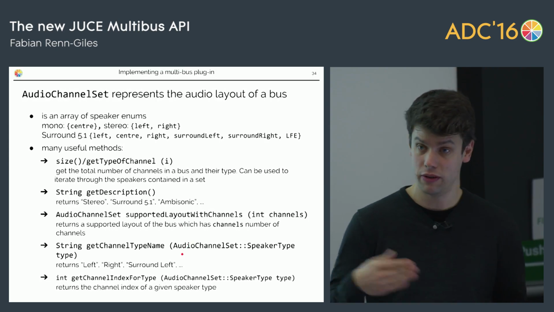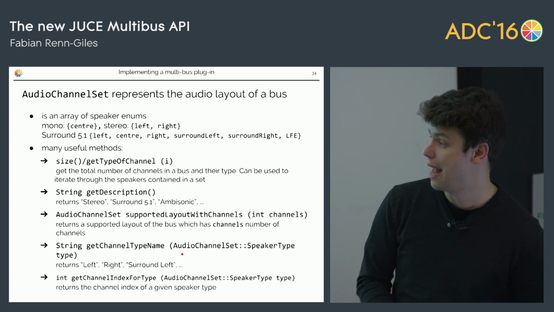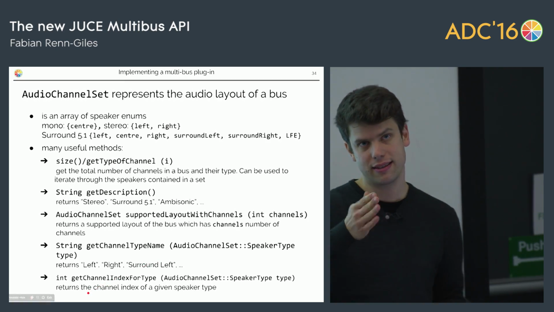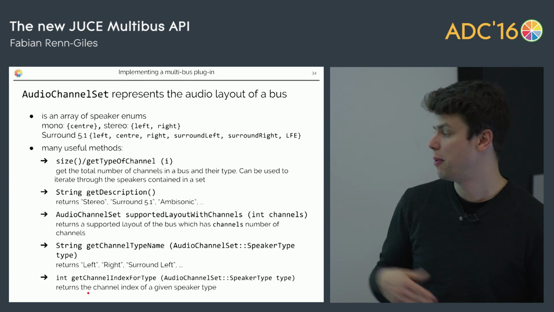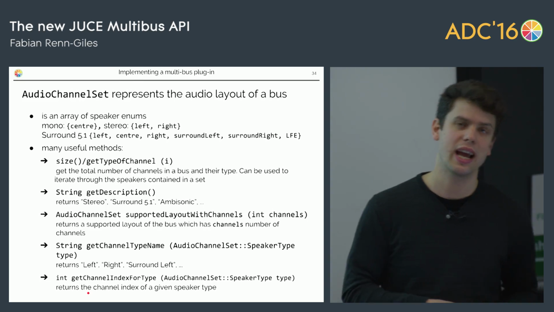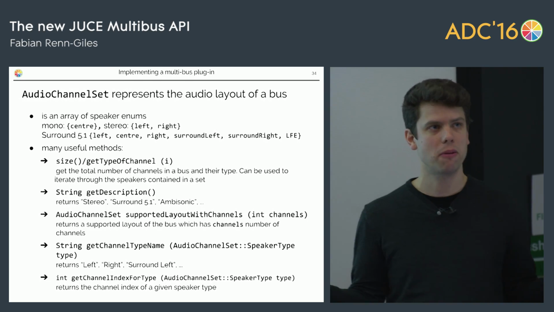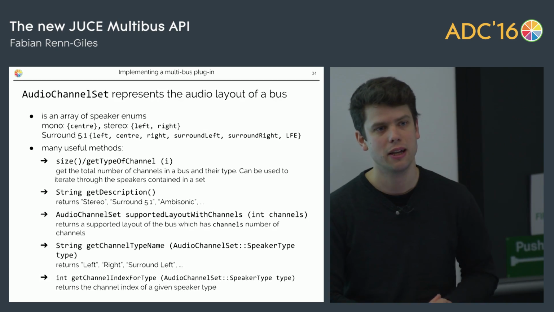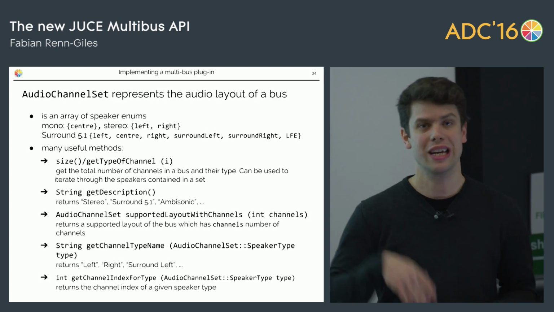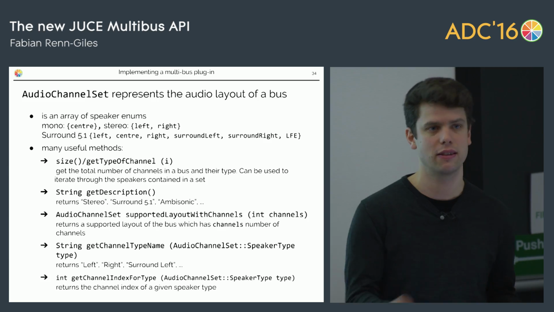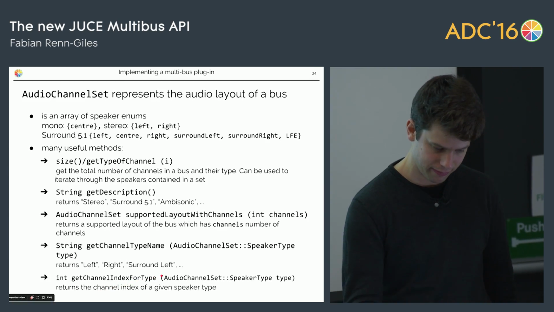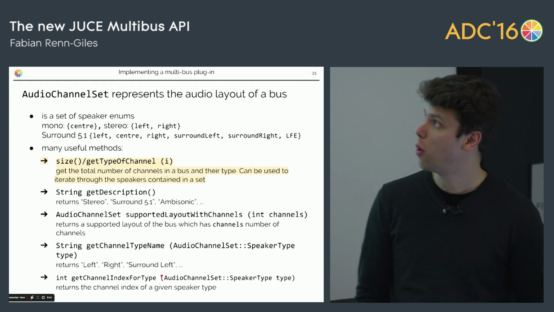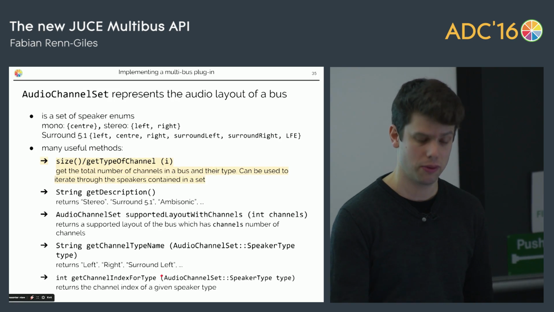You can get the name of the individual speakers, and you can also get the index inside the buffer of a particular speaker. So you say, hey, I have this audio sample buffer, it has 8 channels, but now I want the center speaker. Which index is that? And it will say, oh, it's index number 4. But the one that you're probably going to use most often is to iterate through the speakers.